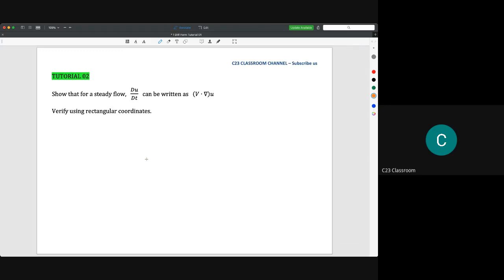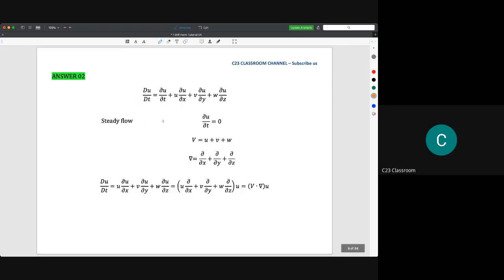Okay, kita pergi kepada tutorial 2 sama juga. Sekadar pembuktian. Show that for a steady flow, Du/Dt can be written as V·∇ times small u. So verify using rectangular coordinates. So the answer is like this. So we have Du/Dt. So it can be expanded like this one. And then for steady flow, as I mentioned previously, the ∂u/∂t is equal to 0.